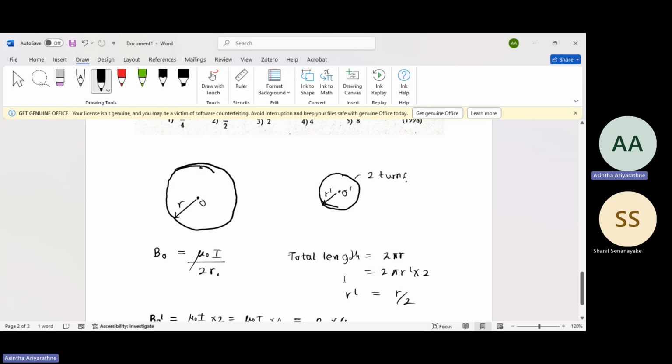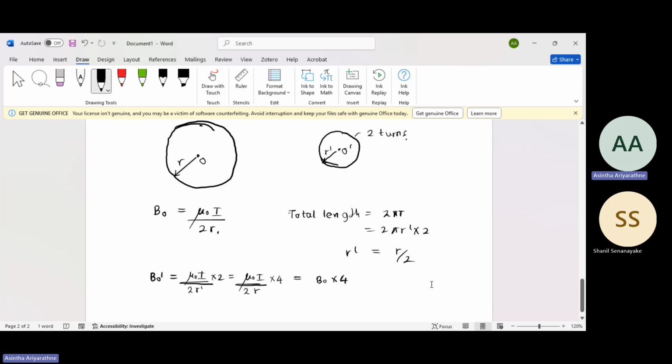Call this B naught, because the number of turns is 1. The total length is 2 pi r for the first conductor, and it should equal 2 pi r dash into 2, because there are 2 turns in the second one. Same wire rolled to have 2 turns, so the total length should be the same. So r dash is R over 2, half of the initial radius.